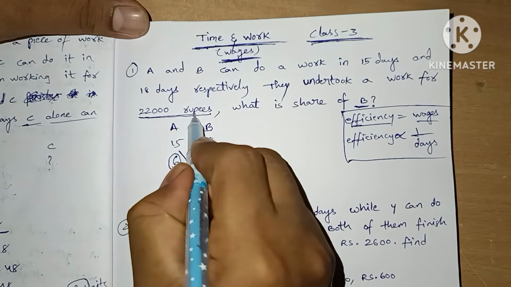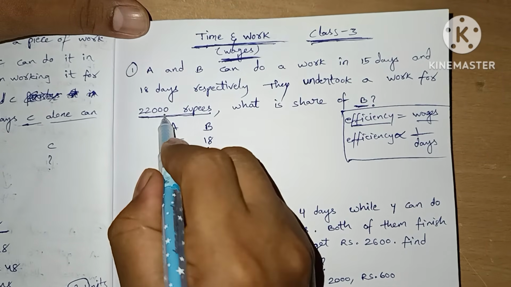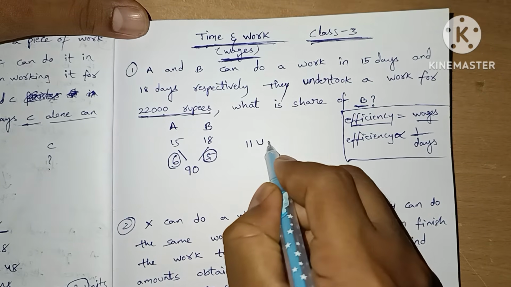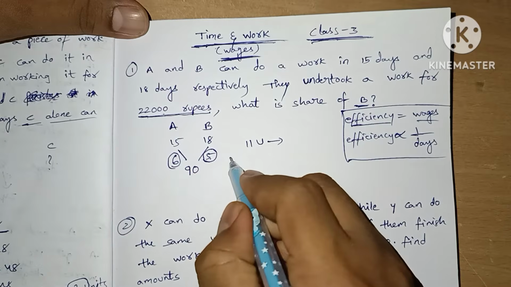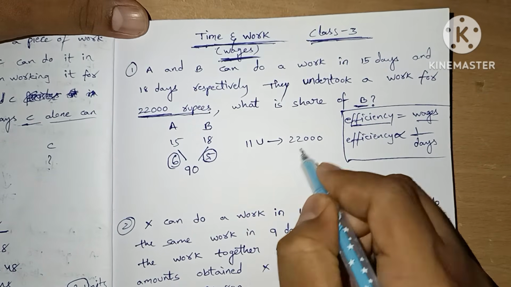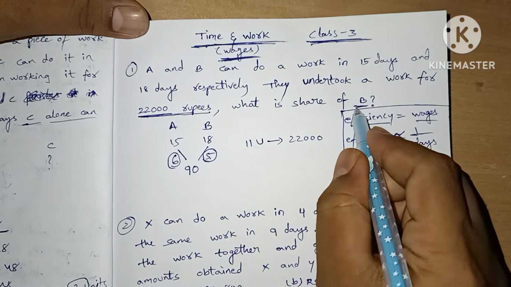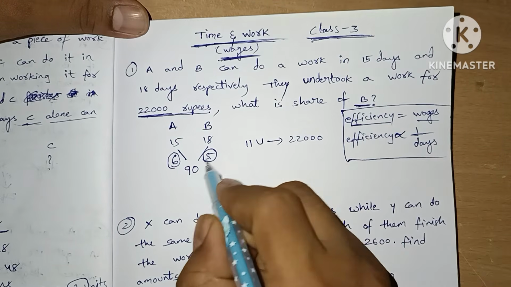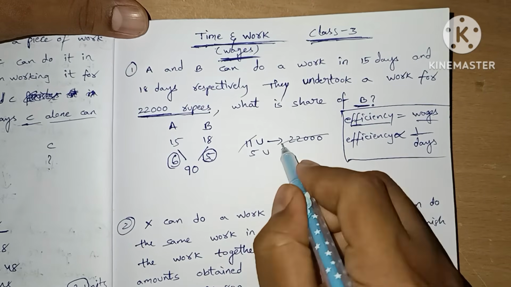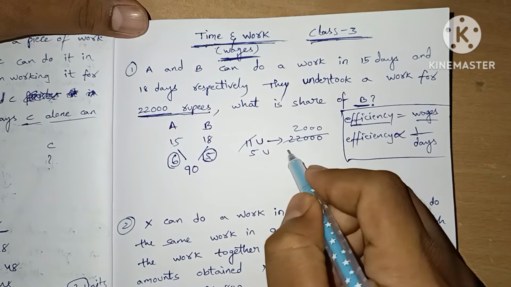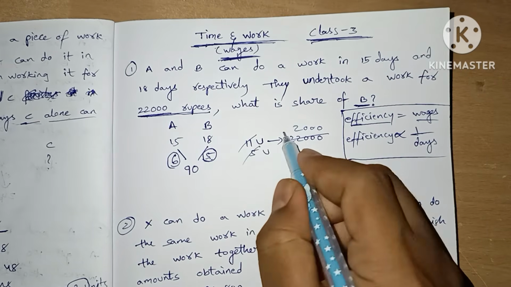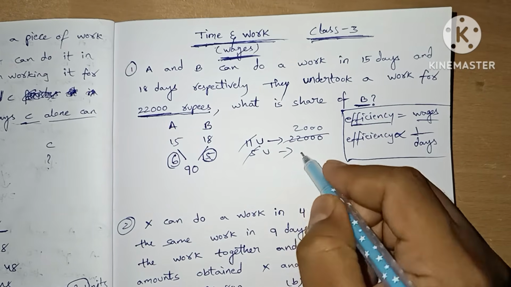In our question, 22,000 is given for the 11 units of efficiency. What we need to find is the share of B. The share of B is 5 units. 22,000 divided by 11 is 2,000, and 5 times 2,000 is 10,000.